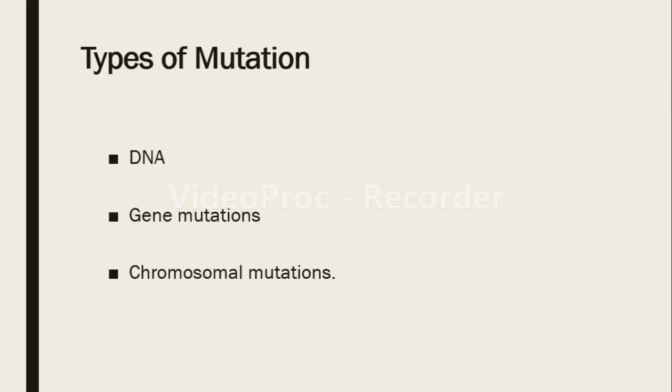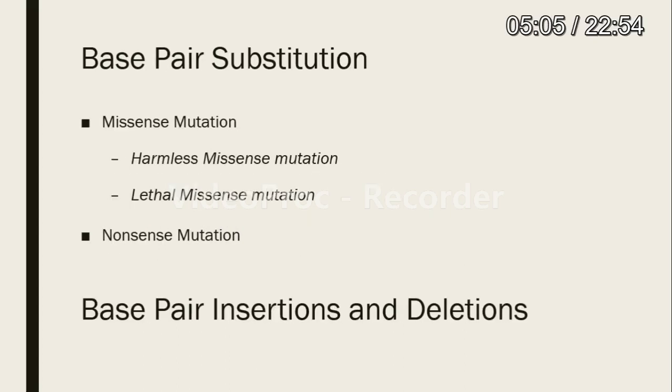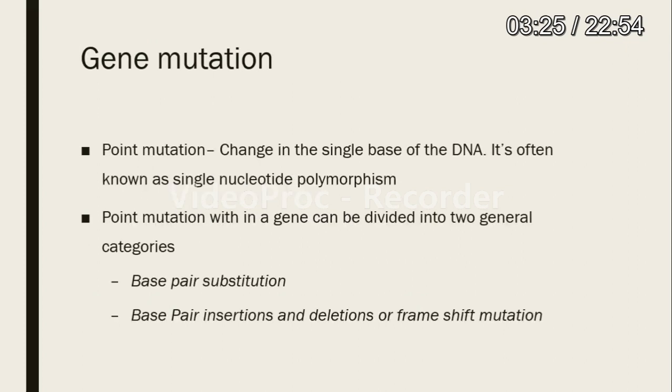The type of mutation may take place in the genes, in the chromosome, in the DNA during their replication and reproductive process. So, what do you mean by gene mutations? Gene mutation means a change in the gene structure. And what is meant by point mutation? When a single base of the DNA becomes changed, then this is known as point mutation.